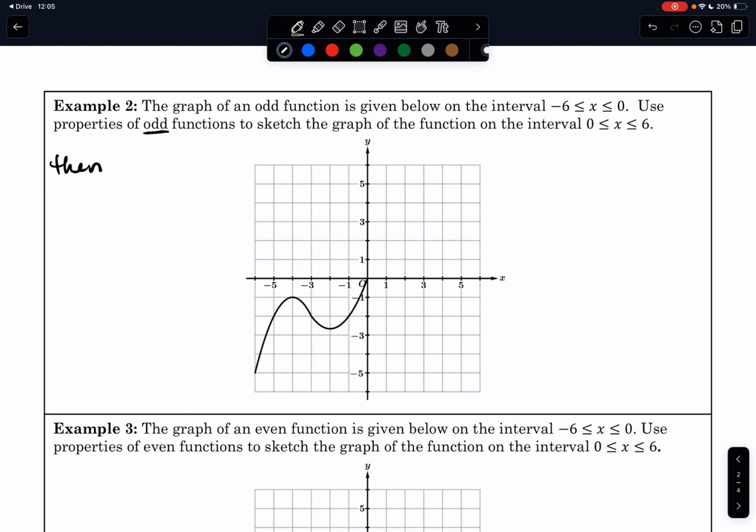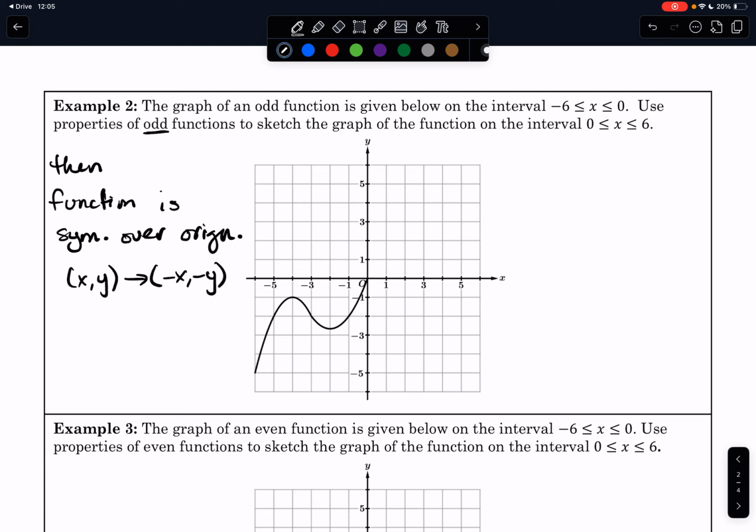then this function is symmetrical over the origin, which means that for every x and y value there is, the graph also has to have the opposite x and the opposite y. So if I look at these coordinate points, I'll make a table over here on the left side.